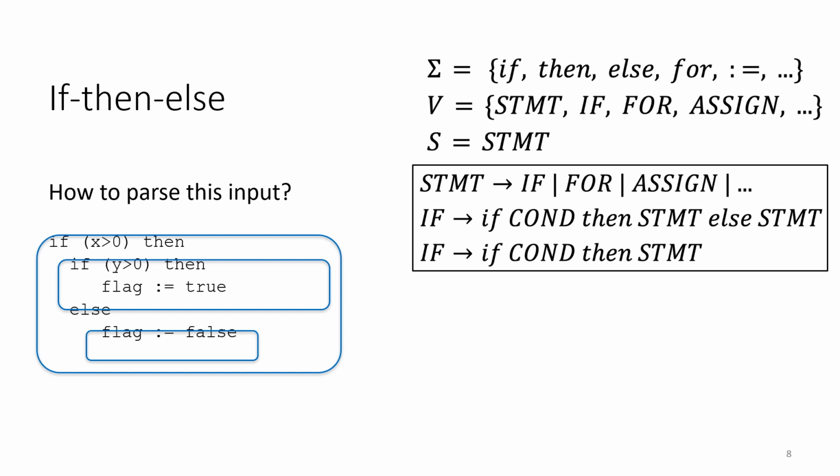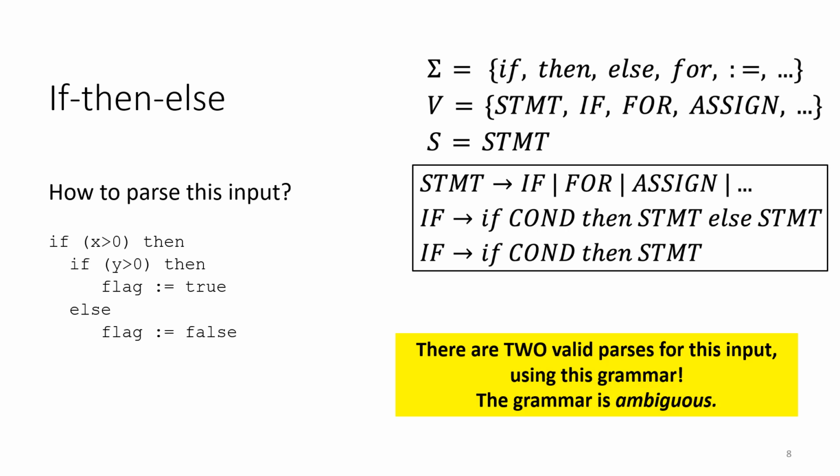Now, in the end, it doesn't matter because you end up with the same string anyway with all of this same tabbing over and everything like that, but it does change how the parsing will work. There are two valid parses for this input using this grammar, so this grammar is ambiguous.